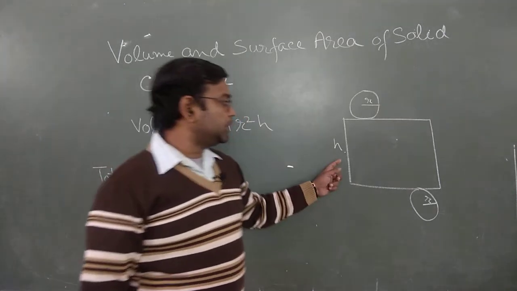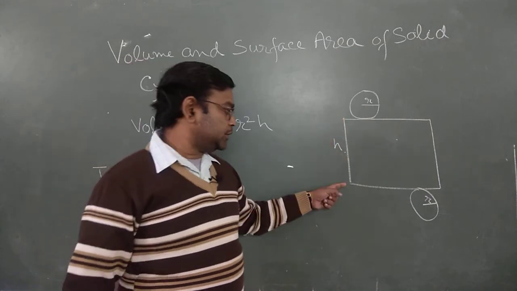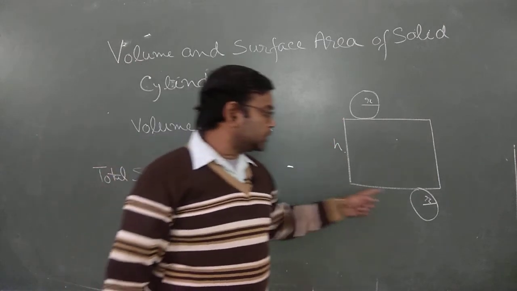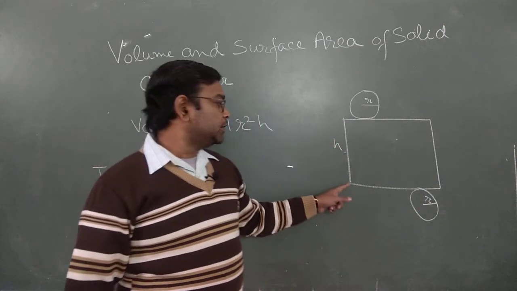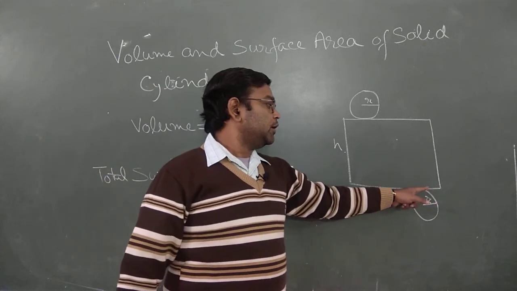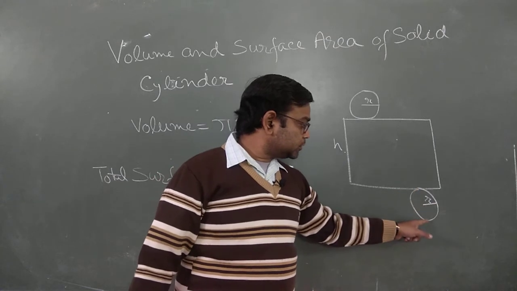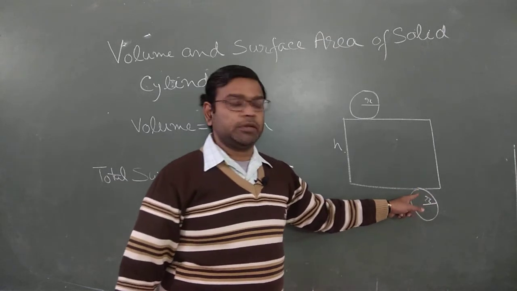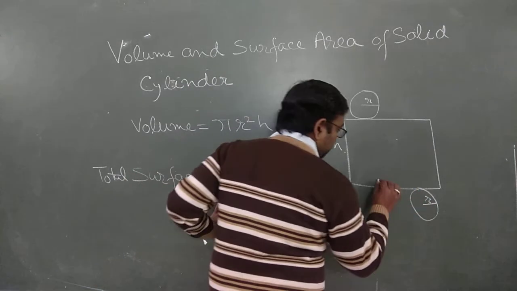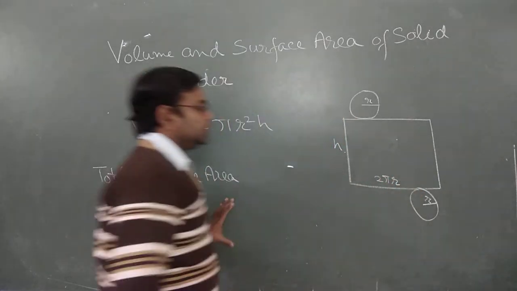In this rectangle, we have h as the height, this side. So what about this side? Actually, this side equals the circumference of the circle, and we know that the circumference is 2 pi r. Clear?